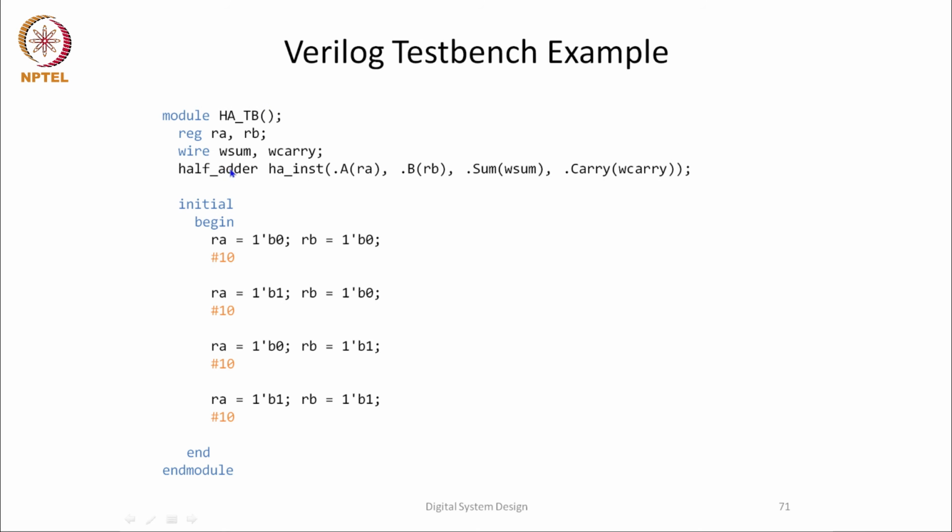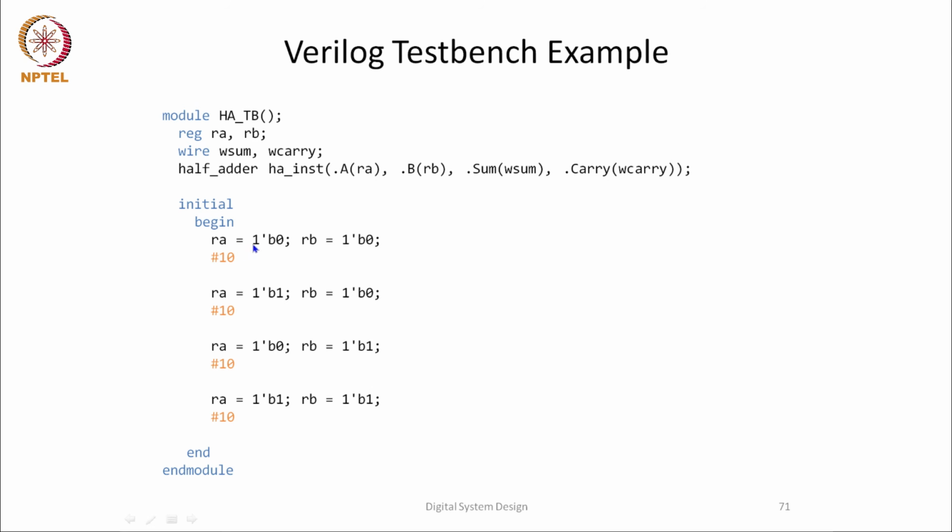Now I want to assign RA as 0 and RB also 0. So what is this 0? 0 means 1 bit. Since in Verilog you can also give input in multiple bits, we have to define how many bits it is. You can also give your input in binary, in hex, or in decimal, so it is important to specify whether it is binary, decimal, or hexadecimal to be deterministic and precise.